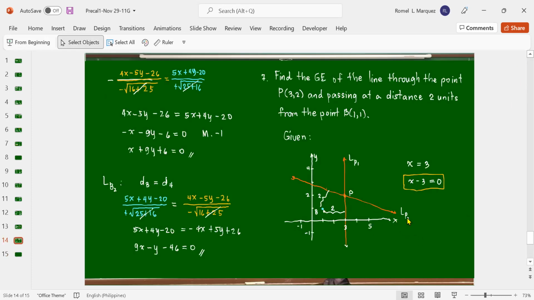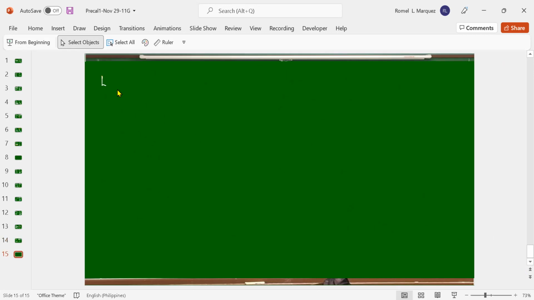Okay? So for LP2, this is LP1. For LP2, we have y minus y1 equals, we don't know the slope, so let's have m for the meantime, times x minus x sub 1.